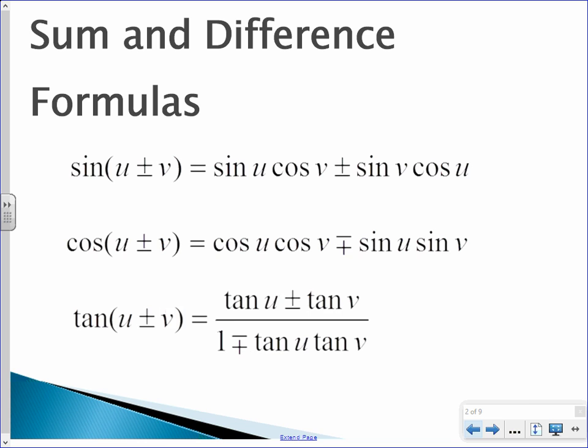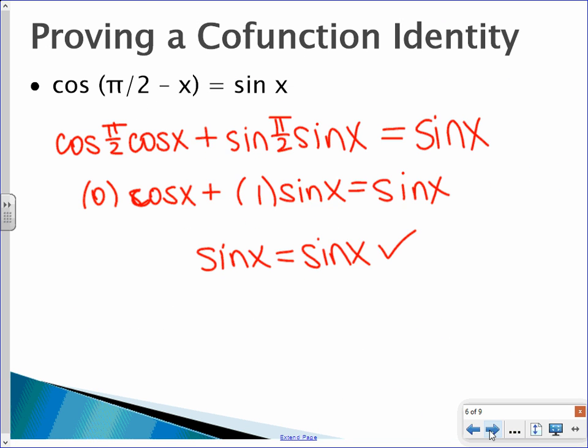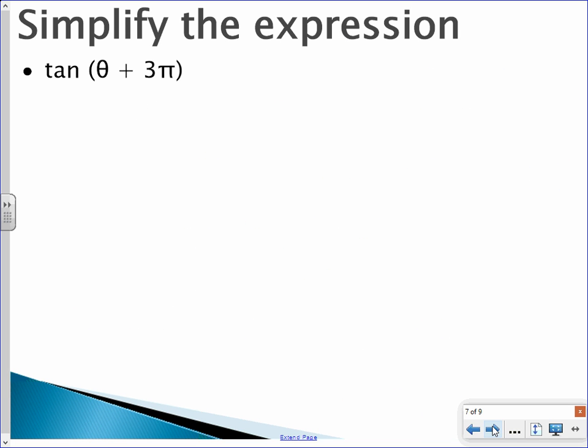So let's go ahead and we have this expression to simplify. This will be good practice here. We have addition inside of our tangent, so we can use the sum formula here.